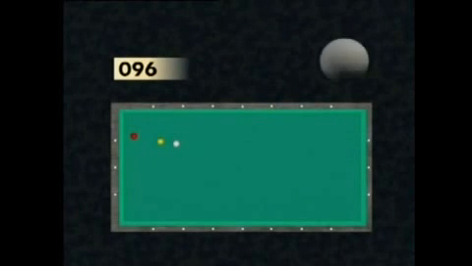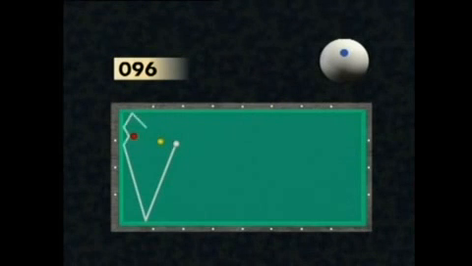The most difficult thing in this point is to recognize what it is. The execution of the shot is then similar to the preceding shot.